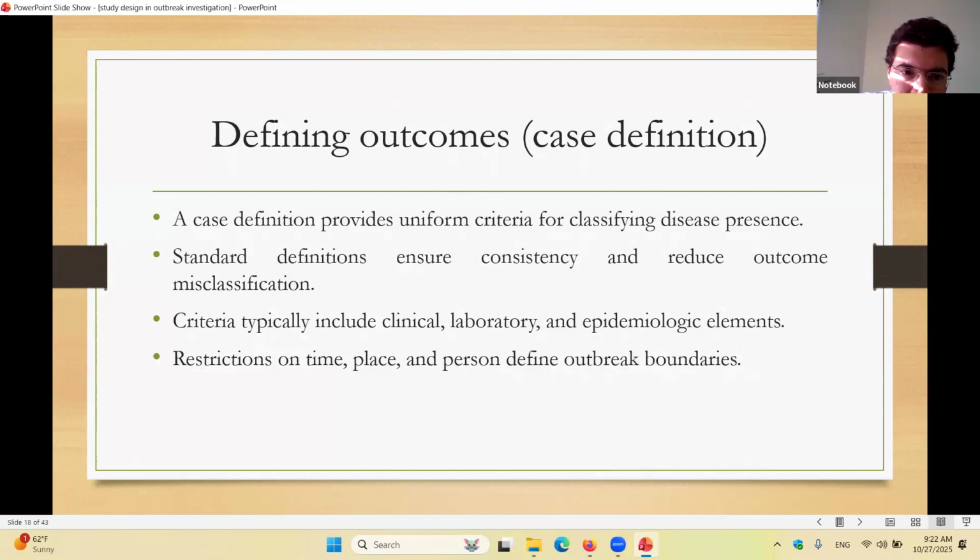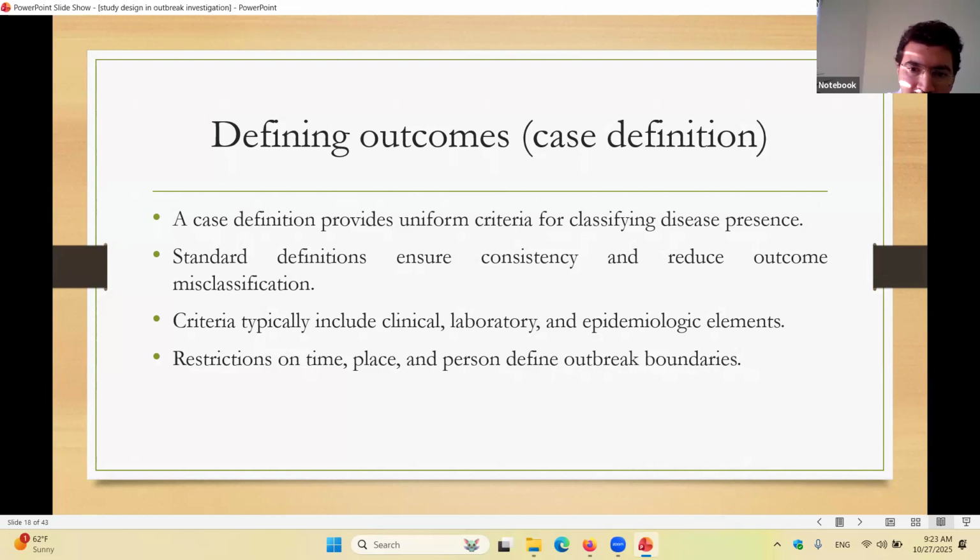And criteria typically include clinical, laboratory, and epidemiologic elements. Restrictions on time, place, and person define outbreak boundaries. These are the points related to the case definition.